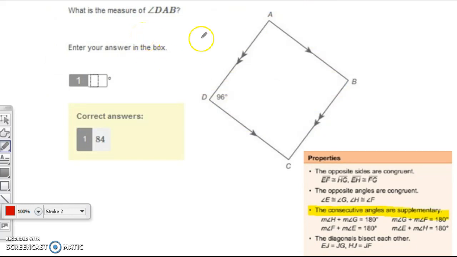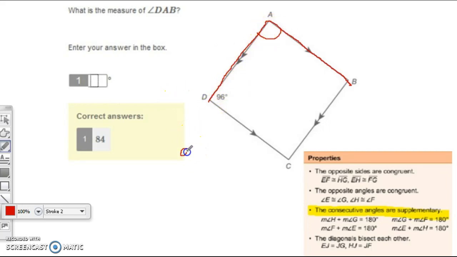All right, this one says, what is the measure of angle DAB? So let me trace that out. DAB is this angle right here. Notice that we're given this angle is 96, and these two angles are those same side interior angles, or the consecutive angles, so we know they have to add up to 180.